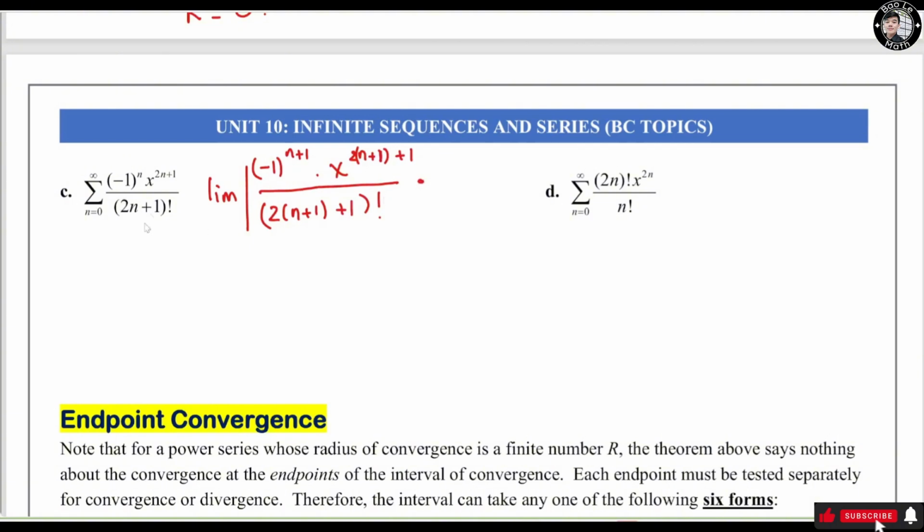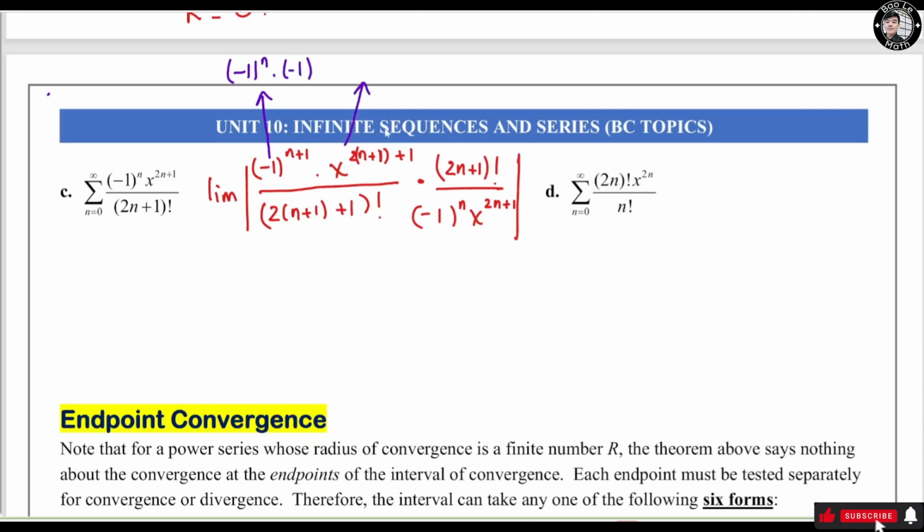Divide by a sub n, right? A sub n is this one, right? So we just check reciprocal of this one. So it could be 2n plus 1 factorial over negative 1 raised to the n times s raised to the 2n plus 1. Alright. Now, negative 1 raised to the n plus 1 can be written as negative 1 raised to the n times negative 1, right?